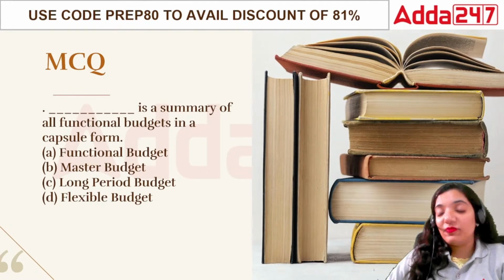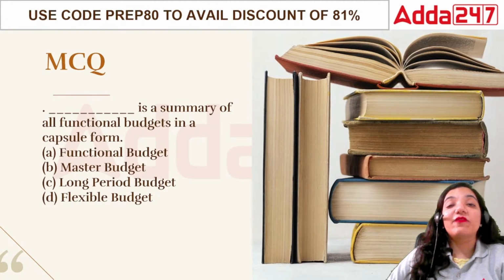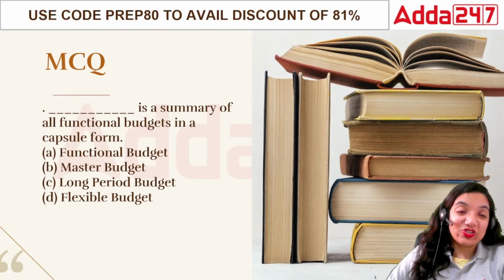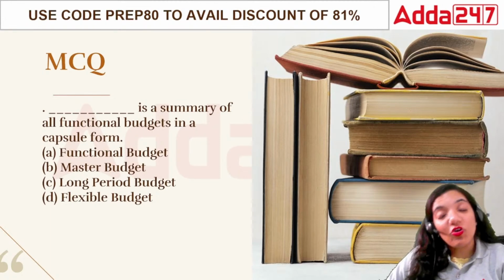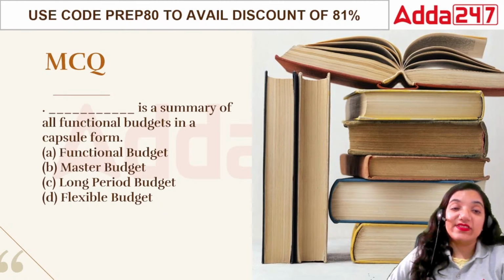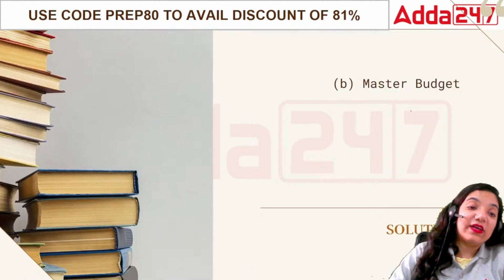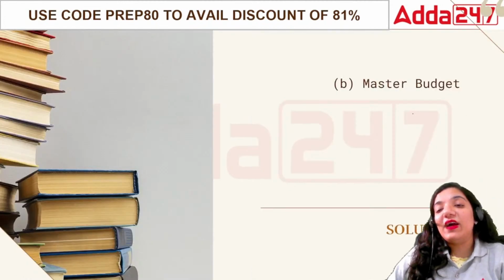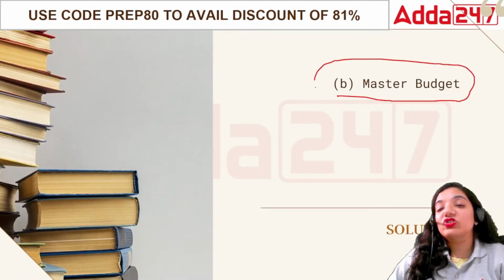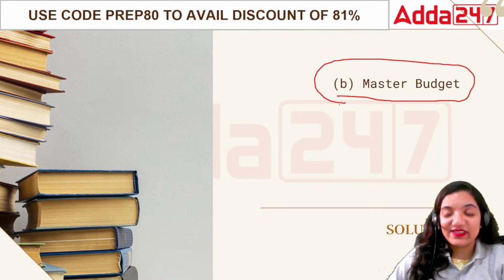Functional is only one particular function to be taken care of, and divisional is different budgets to be created. So when we talk about all these different types of functions considered in one module, it is called the master budget. The master budget is basically the compilation of all the budgets.